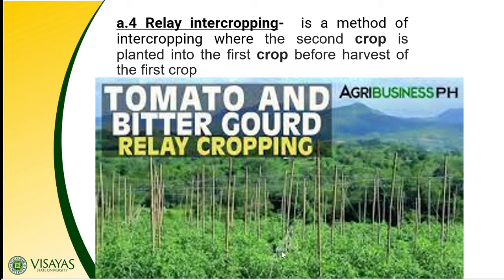What is being shown here is the presence of the tomato, which is already well established, and not so clear here is the bitter gourd or the ampalaya. But we are sure that ampalaya has started growing because of the presence of this trellis, which is a requirement for growing ampalaya.